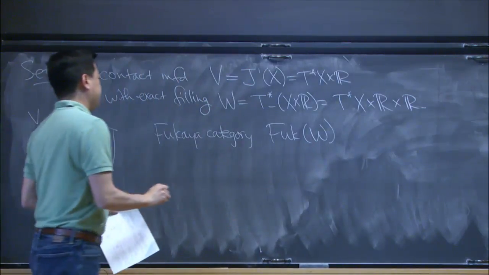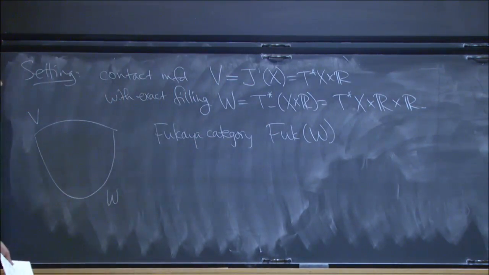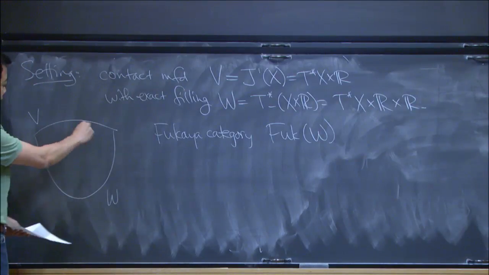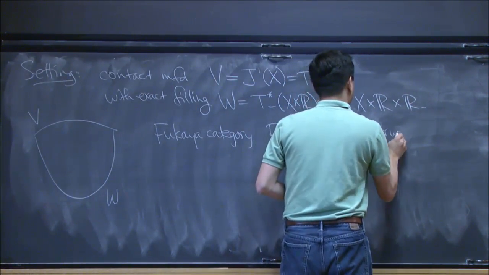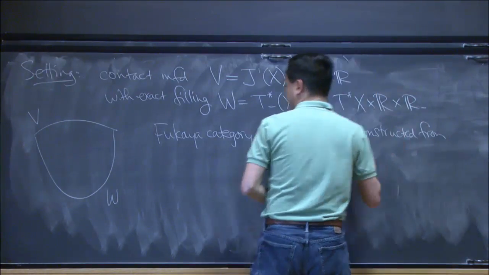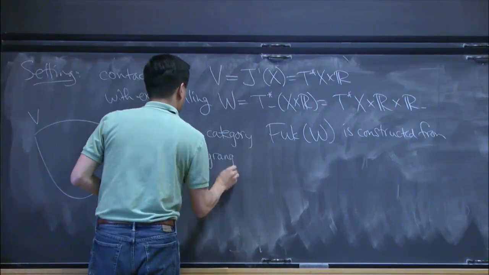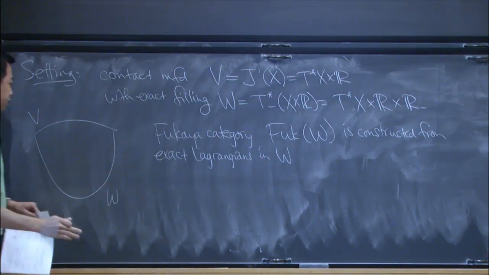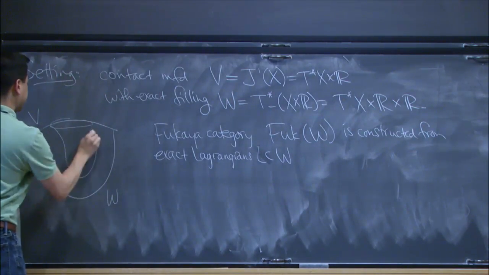So it's Fuk of W, and what is this thing on an abstract level? It's built out of exact Lagrangians inside of W, and let's write L in W. L will look something like this.